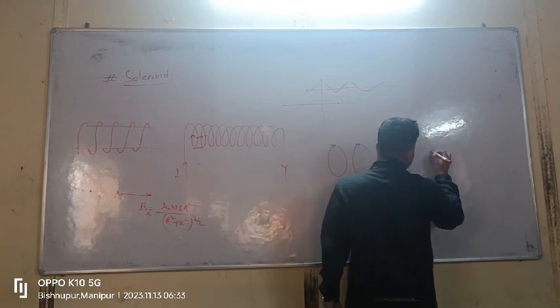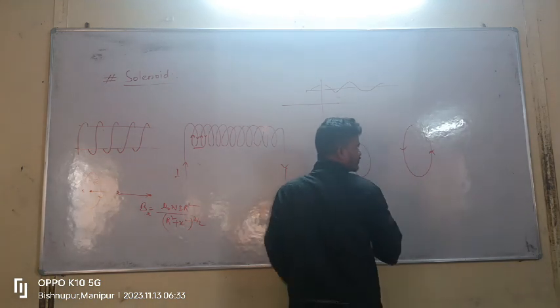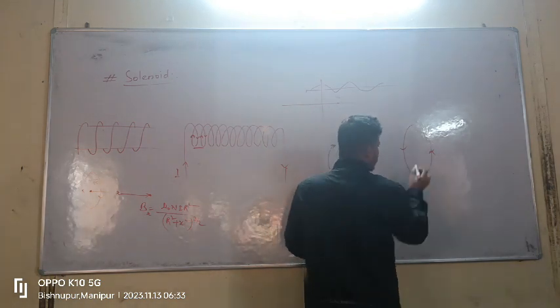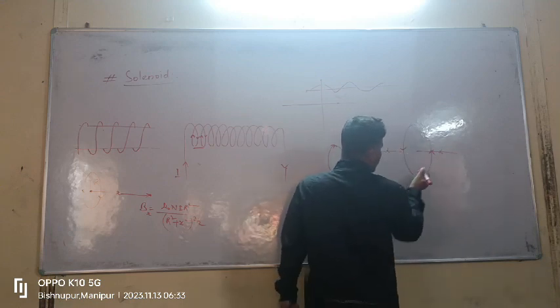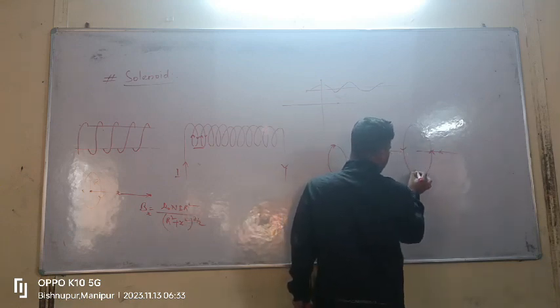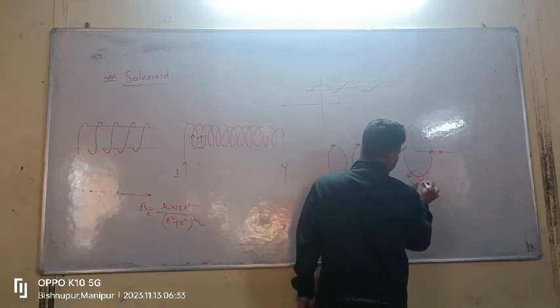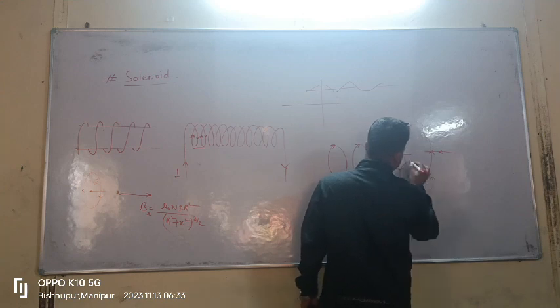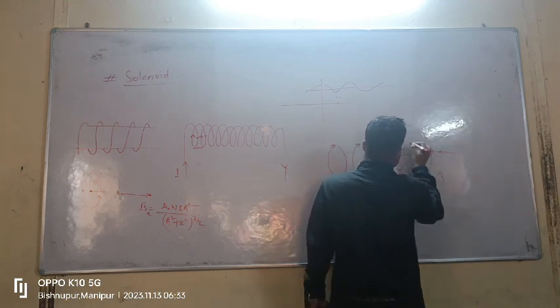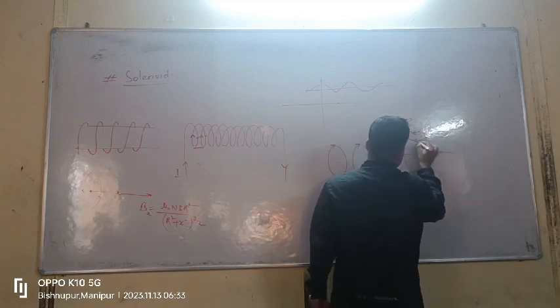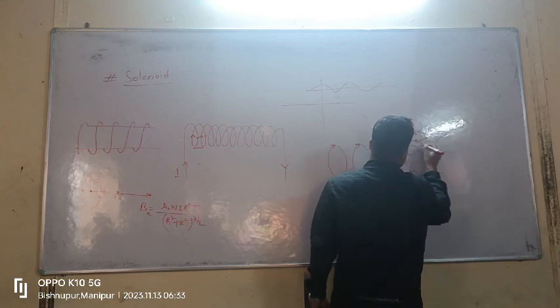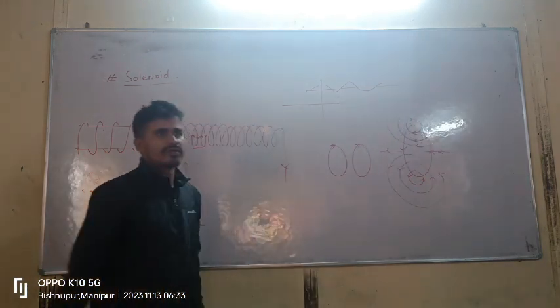What was the direction of the magnetic field due to this? It was like this, yes or no?